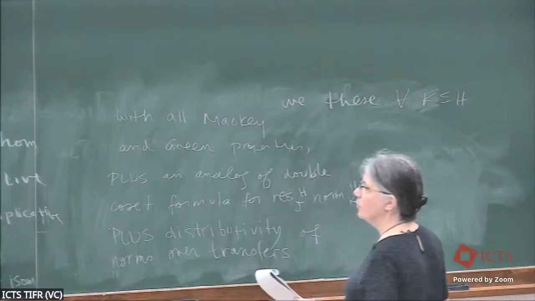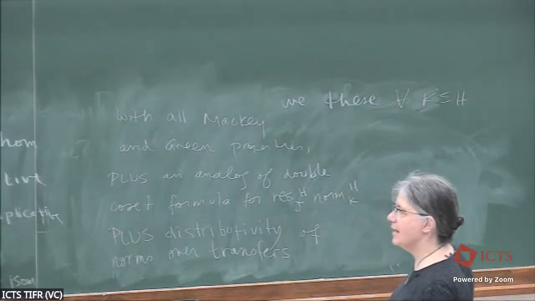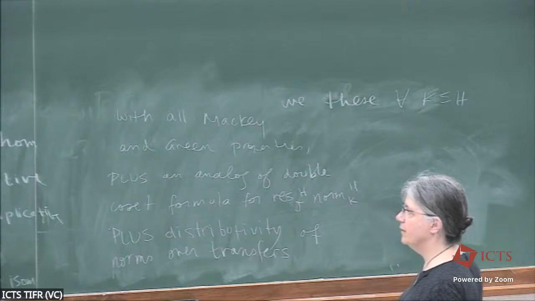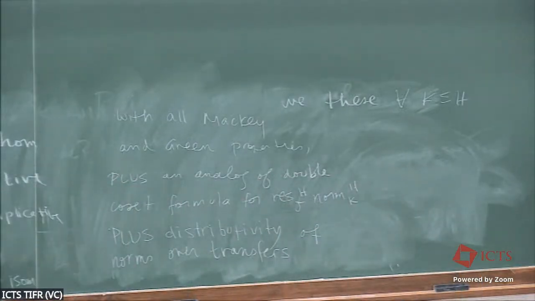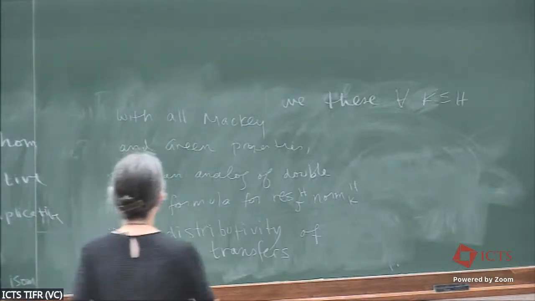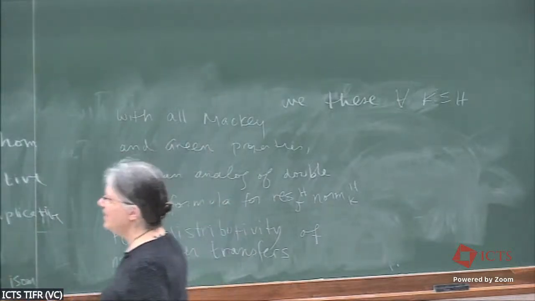So a whole lot of properties, but this is a Tambara functor. And that exactly captures what you get in the pi zero of a genuinely commutative G spectrum.